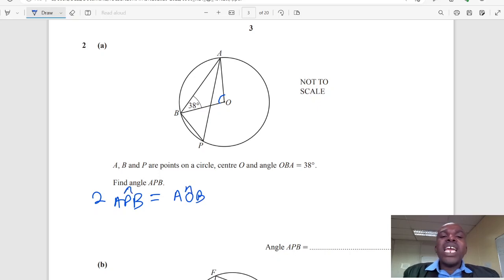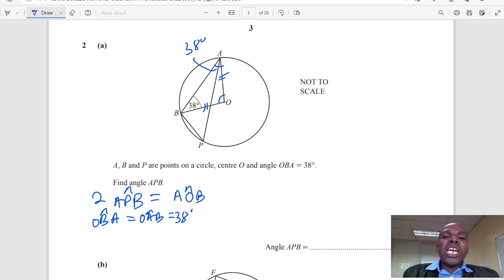So to find angle AOB, you can use this one. OA is radius, OB is radius. So they are the same, which means it's an isosceles triangle, which means angle OBA that is given is equal to angle OAB, which is equal to 38 degrees. So this angle is 38 degrees.